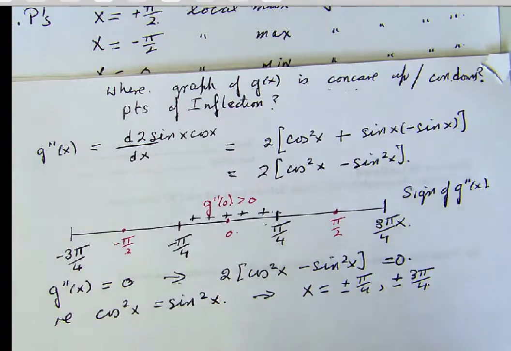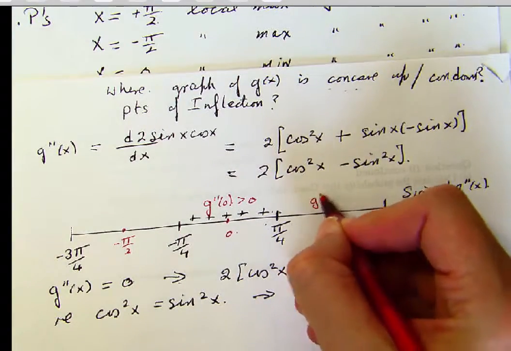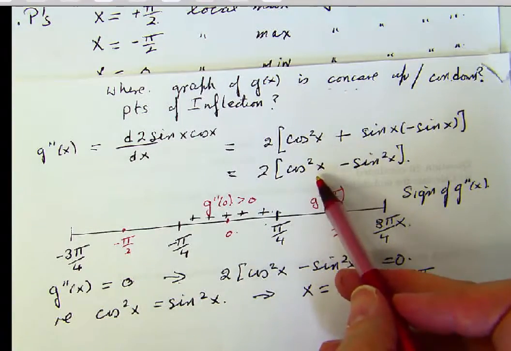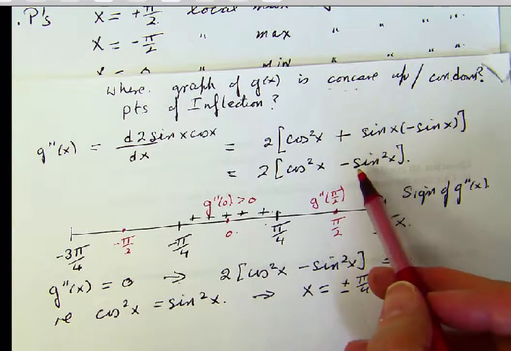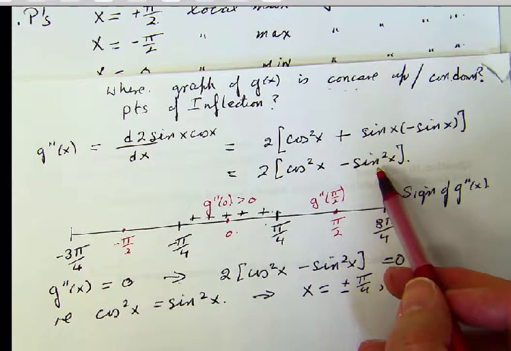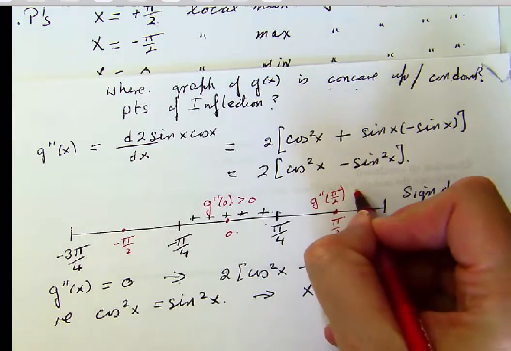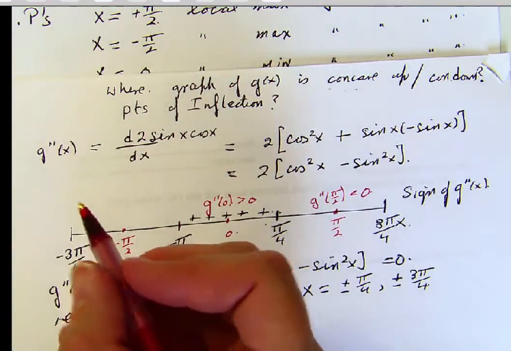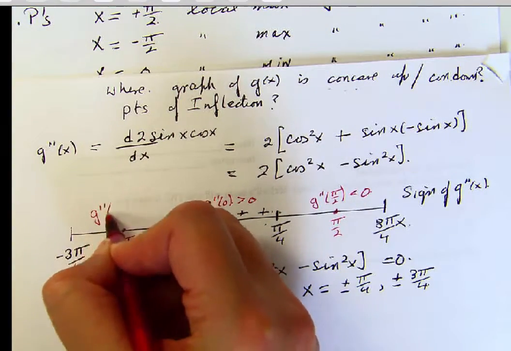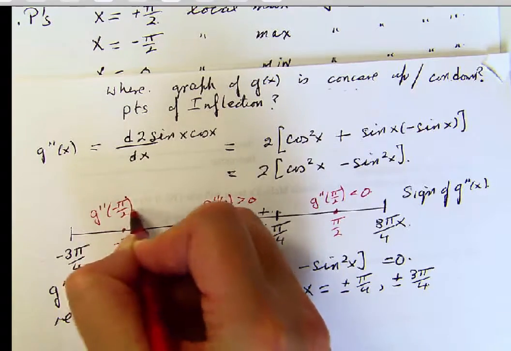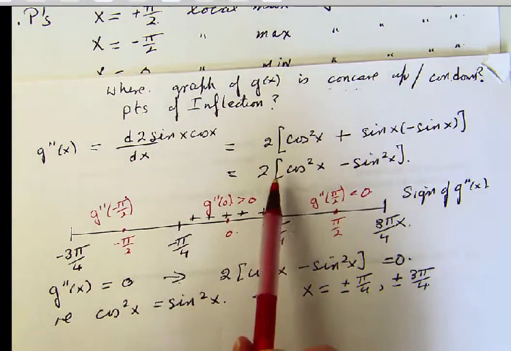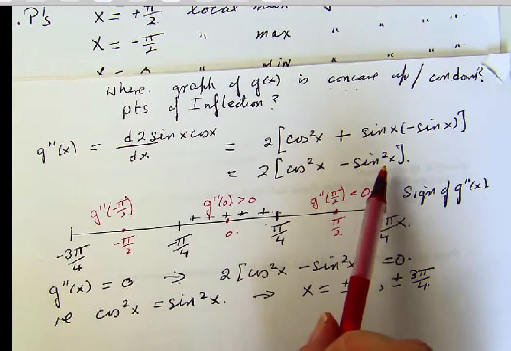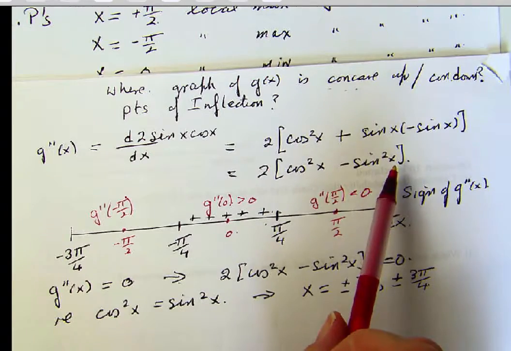And g double prime of pi over 2 is 2 times cosine squared pi over 2, which is 0, minus sine squared pi over 2, which is minus 1. So this is less than 0. And likewise, g double prime of negative pi over 2 is going to be 2 times cosine squared negative pi over 2, which is 0, minus sine squared negative pi over 2, which is minus 1.